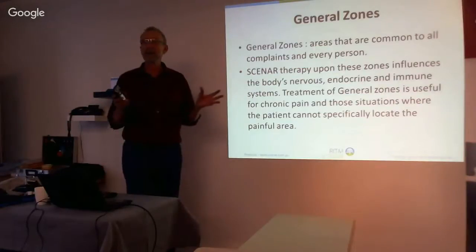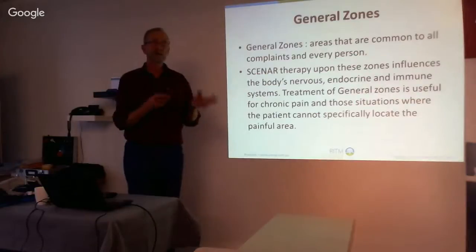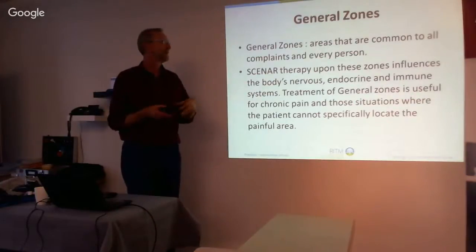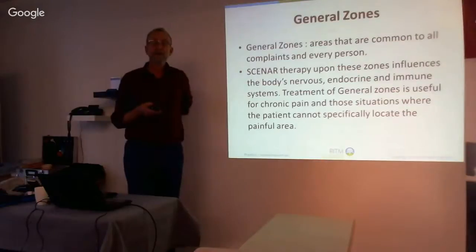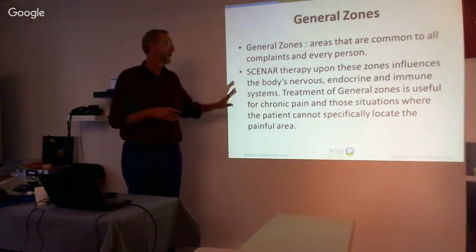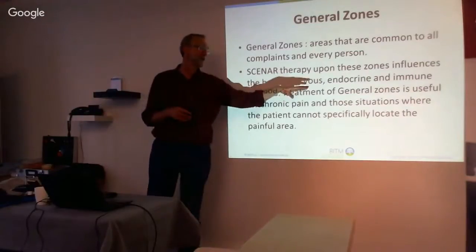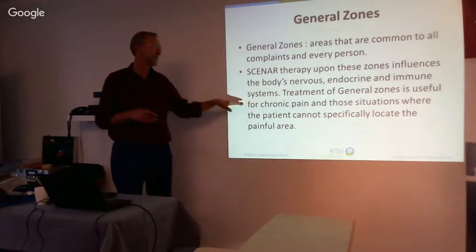Zones are areas where you treat, and there's a local zone where the pain is, where the patient reports the issue is, and there are general zones, and they are mainly on the back, and some of them on the belly, where we can actually influence the nervous system, the endocrine, and the immune system.